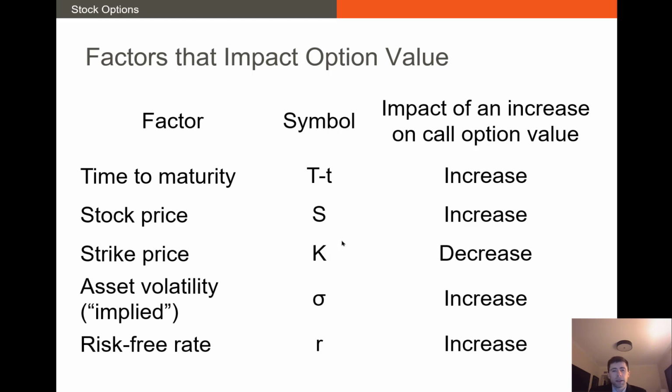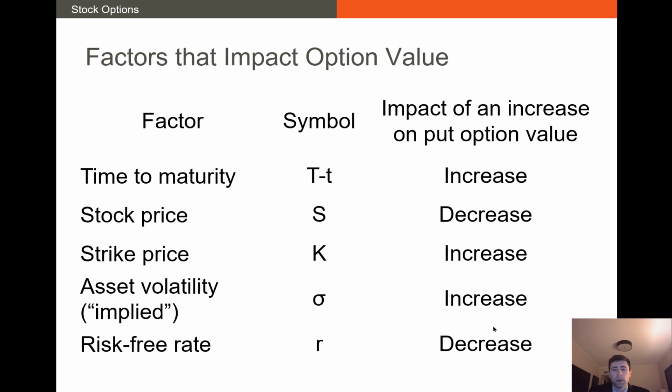So increases in the strike price are going to decrease your call option value. Asset volatility, if that increases, there's a greater chance you're going to be very, very large into the money. And if you're very, very out of the money, you just wouldn't exercise it. So asset volatility has a positive relationship with call option value. And then lastly, the risk-free rate has a positive relationship with call option value.